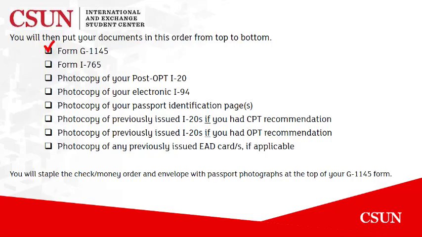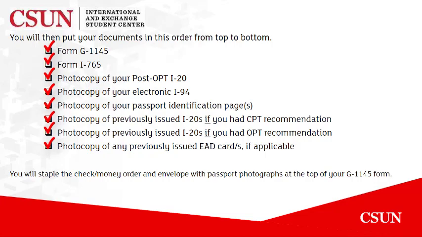Form G-1145, Form I-765, photocopy of your Post-OPT I-20, photocopy of your electronic I-94, photocopy of your passport identification page or pages, photocopy of previously issued I-20s if you had CPT recommendation, photocopy of previously issued I-20s if you had OPT recommendation, photocopy of any previously issued EAD card or cards if applicable.